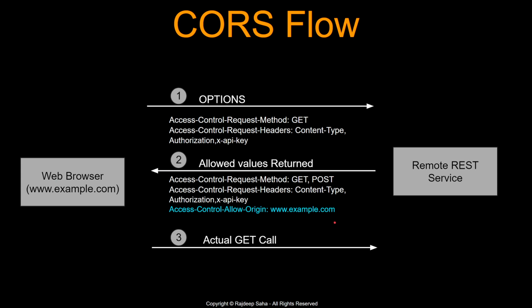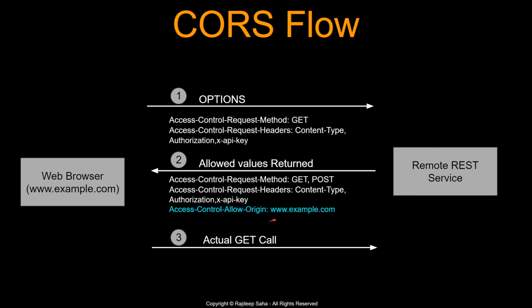So in the real world, how it looks is the web browser does the OPTIONS call, but in the Access-Control-Allow-Origin, the remote REST service will specify the actual specific origin and not asterisk. So in this case, let's say another website, www.moreexample.com, tries to call this remote REST service.